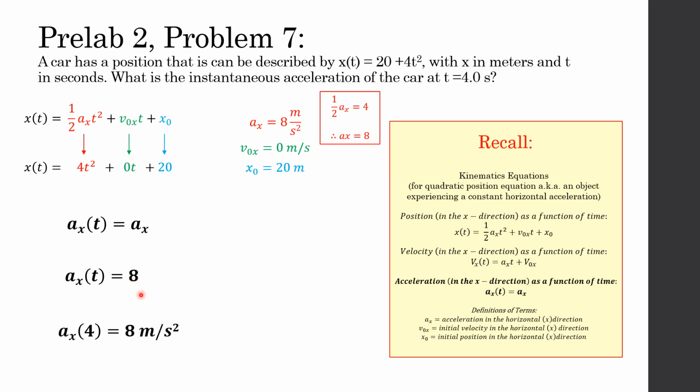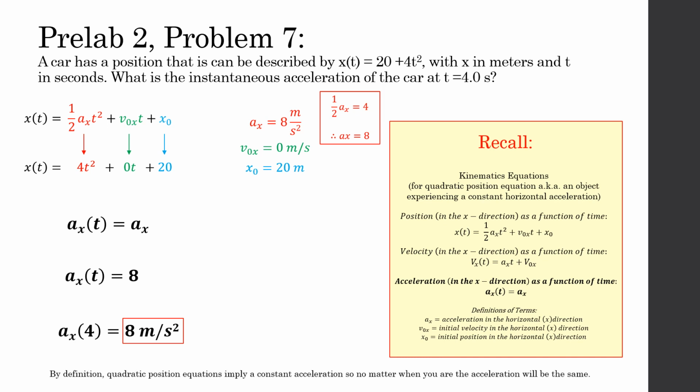That's because the acceleration is constant. So no matter what number you plug in here, you should be getting exactly the same number, which is 8 meters per second squared. So that's our final answer. The acceleration is equal to 8 meters per second squared. And that's because our position equation is a quadratic, which means that our acceleration is constant.